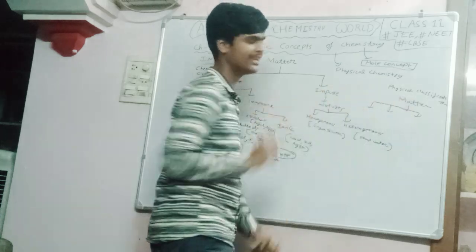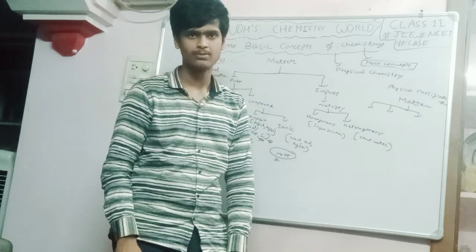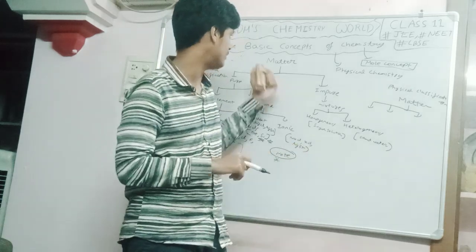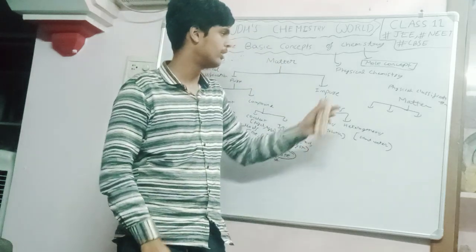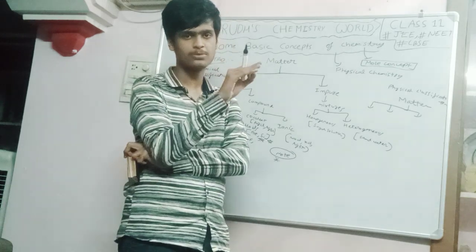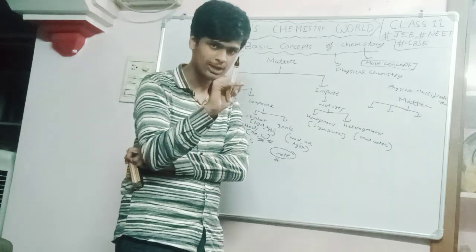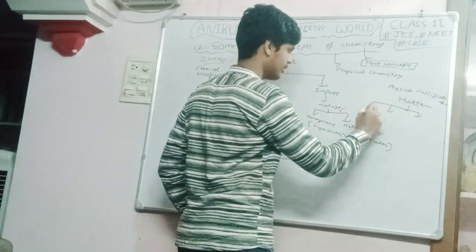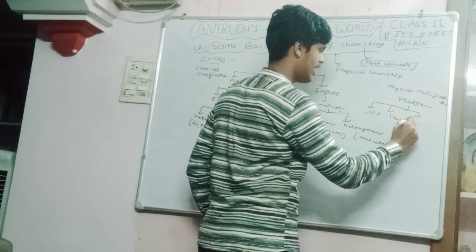The matter which you see around, upon physical classification, means which you will be able to see. In chemical classification, you are unable to see with your eye. This matter in physical classification is of 3 types, which you will be seeing in day-to-day life: first one is solids, second one is liquids, then gas. Solid, liquid, gas. That's only solid, liquid, and gas.